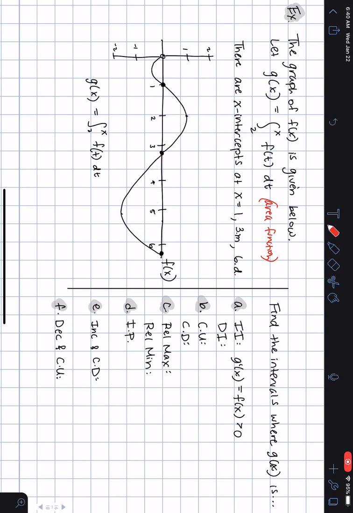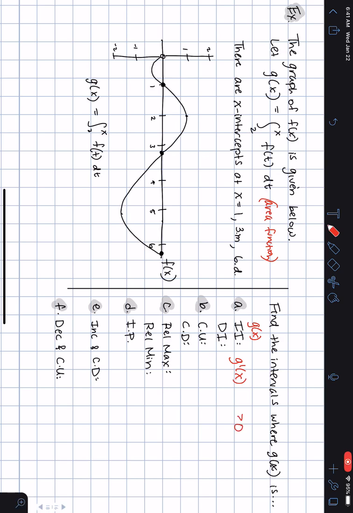All right, so the first thing that you'll notice is I'm asking for the increasing interval. It says find where g of x is increasing. So it's important to know, is it g that's increasing or is it f that's increasing? And indeed it says where is g increasing? Well, g will be increasing where its derivative is greater than 0.